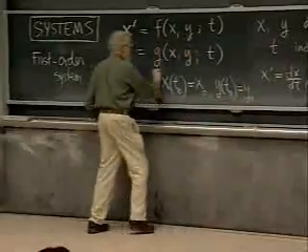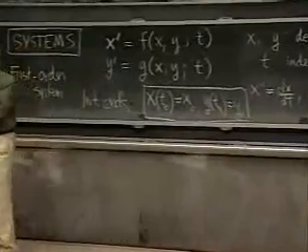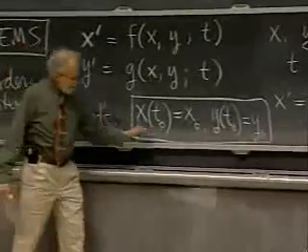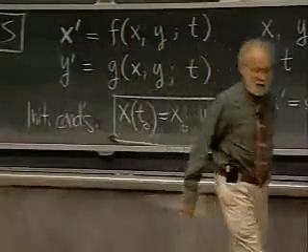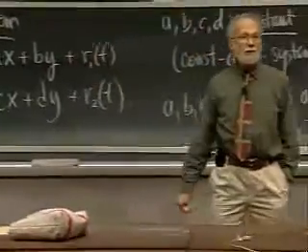Well, there are my 2 conditions. And since this is going to have 2 arbitrary constants in it, the arbitrary constants will have to be picked so as to satisfy those initial conditions.